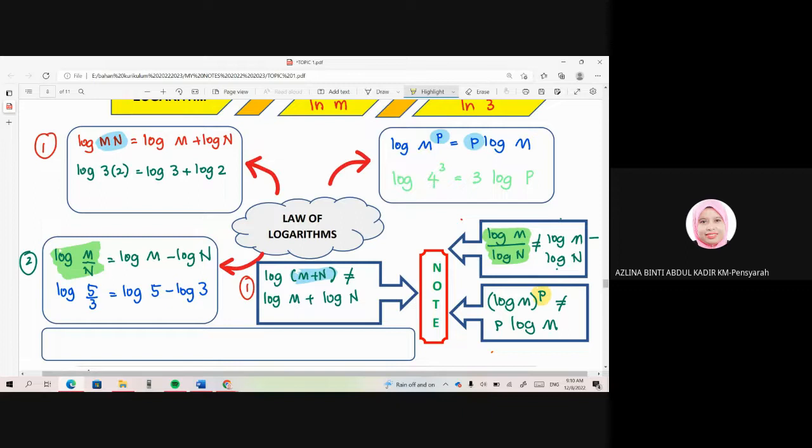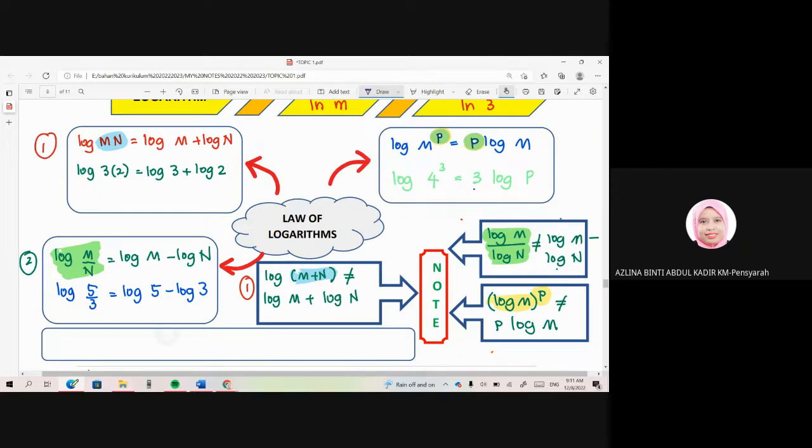Alright, and then this one, power p belongs to m only. It doesn't belong to log m. Right, so it looks the same but actually it's not the same. Remember that.